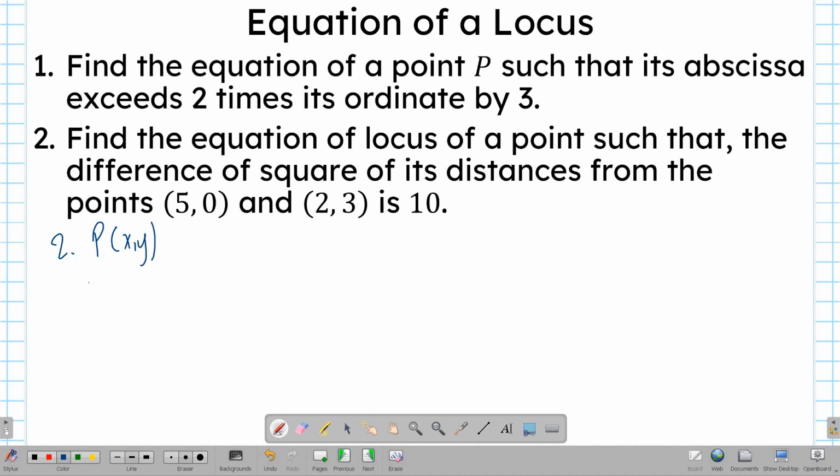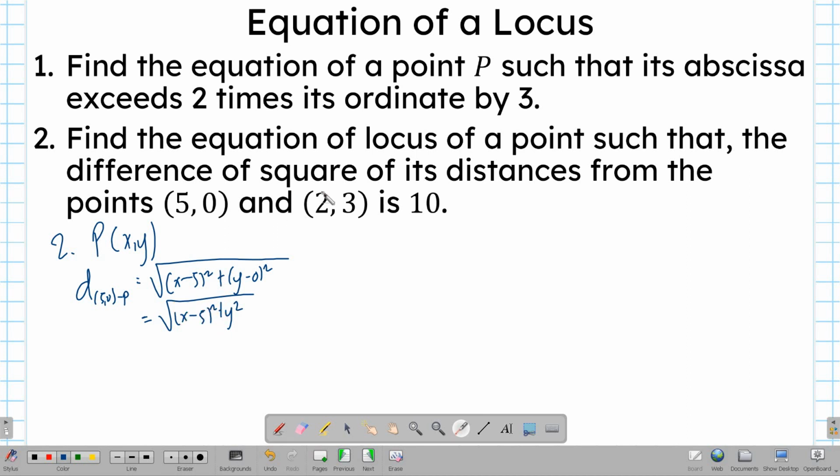So, the distance from 5, 0 to P would be equal to the square root of x minus 5 squared plus y minus 0 squared, which is the same as x minus 5 squared plus y squared. Tama? Distance daw of a point, of the equation of the locus of a point. So, the distance from the point 5, 0 to P, ito yun.